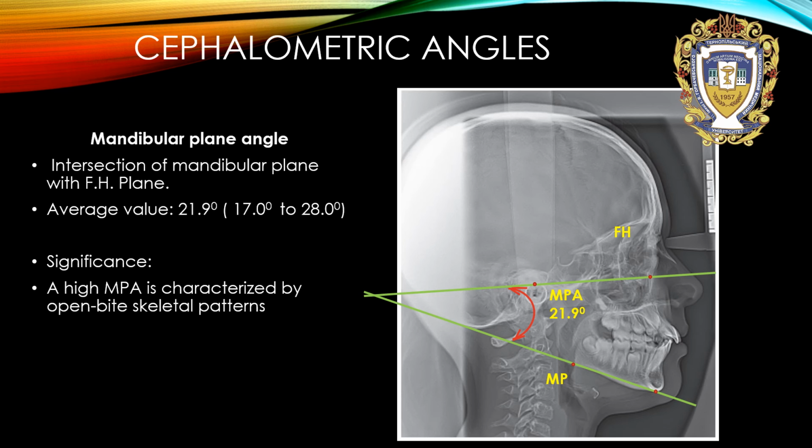And significance of this angle: a high mandibular plane angle is characterized by open bite skeletal patterns, but opposite situation, a low MPA, is characterized by closed bite skeletal patterns.